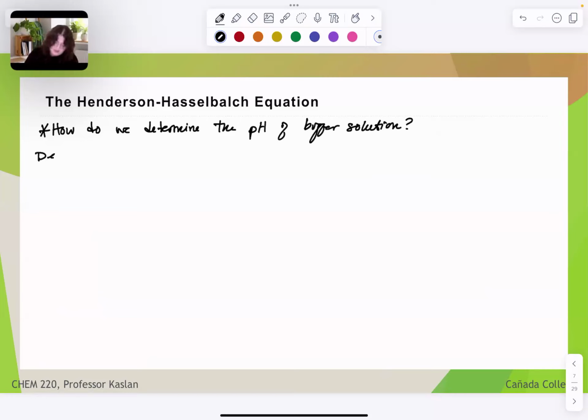How do we talk about the pH of a buffer solution? The way that we have available to us to determine the pH of the buffer solution is by using the Henderson-Hasselbalch equation.